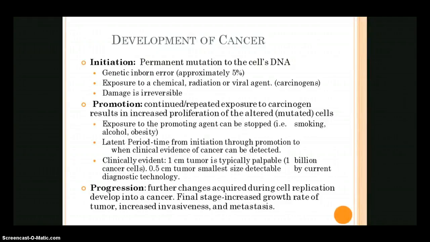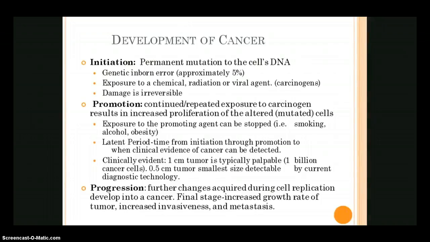Let's say we have damage to some lung cells, okay, and we continue to smoke. We're continuing to just pile that carcinogen on, okay? Let's say we stop smoking. We've taken that carcinogen away. We can't get rid of what's already happened. We can't make that damaged cell be all better. But what we can do is stop throwing more and more carcinogen on so we don't get that proliferation of the altered or mutated cells.